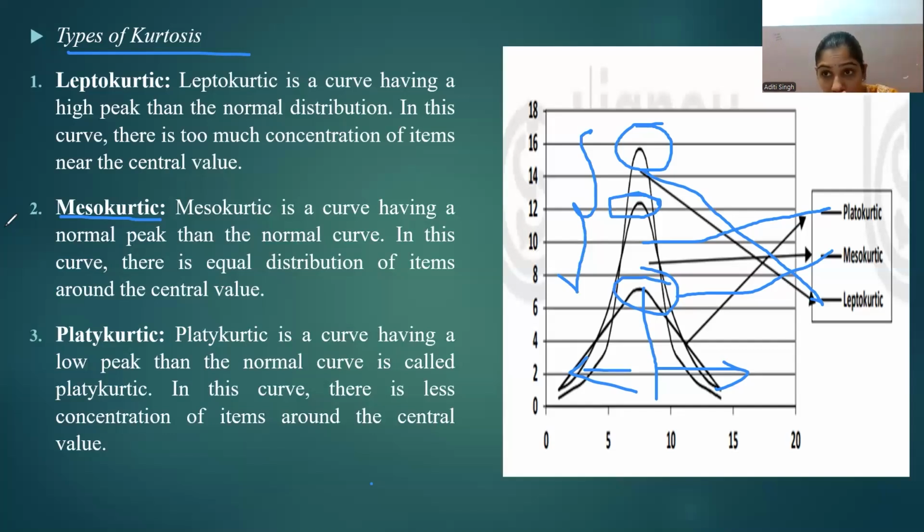Basically, kurtosis measures the heaviness of the tail and peakedness of the distribution. A normal distribution has three kurtosis types, which we have already discussed: platykurtic, mesokurtic, and leptokurtic.